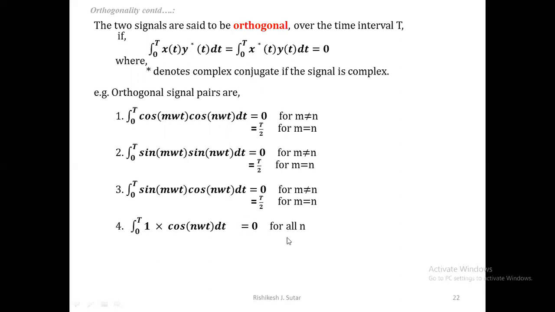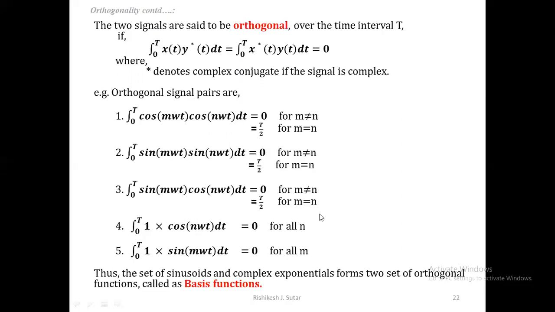Fourth, those two signals could be a constant along with a cosine signal, or a constant along with a sine signal. So these are the orthogonal signal pairs. Thus, the set of sinusoids and complex exponentials forms a set of orthogonal functions called basis functions.